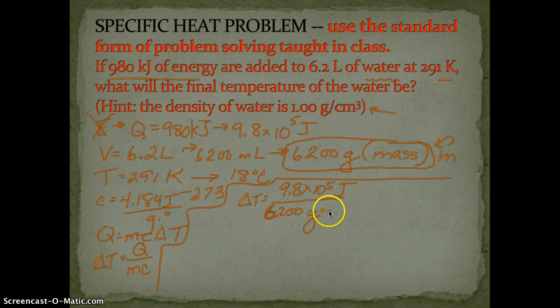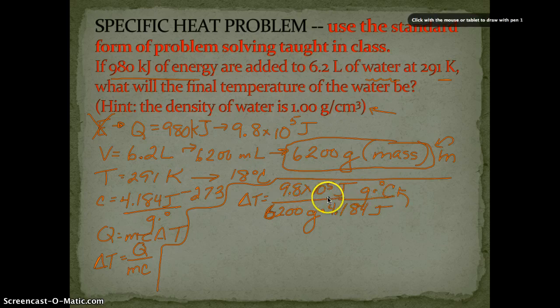And then my c is going to be 4.184 joules. And then since I have grams per degree Celsius under here, I can just flip that up here. Grams times degrees Celsius. Okay, now I'm going to look at my unit cancellation here. Joules, gone. Grams, gone. And I'm left with my degrees Celsius.